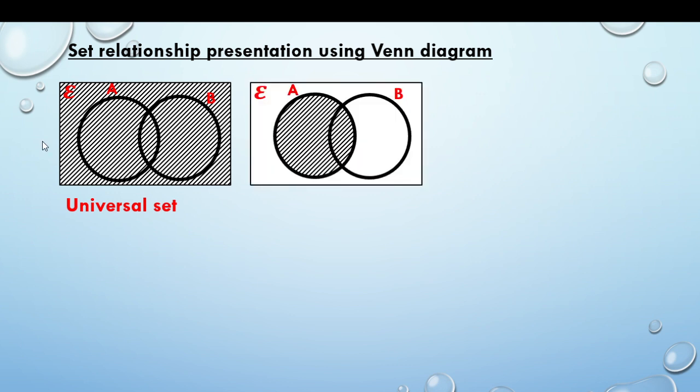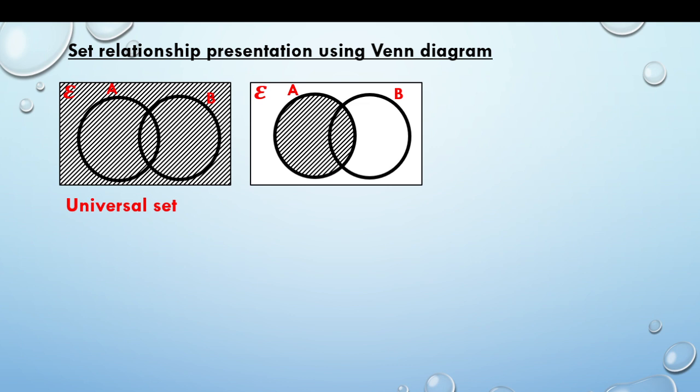Let's look at another situation here. In this situation, we have set A shaded. As we have set A shaded like this, how do we interpret this?